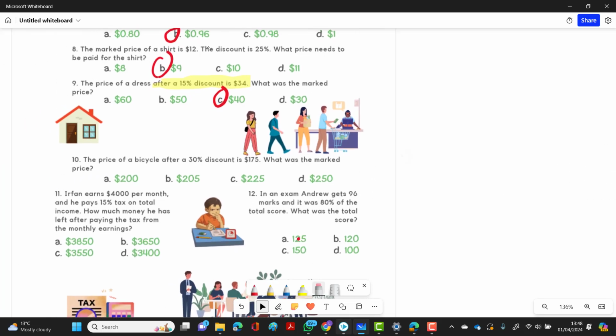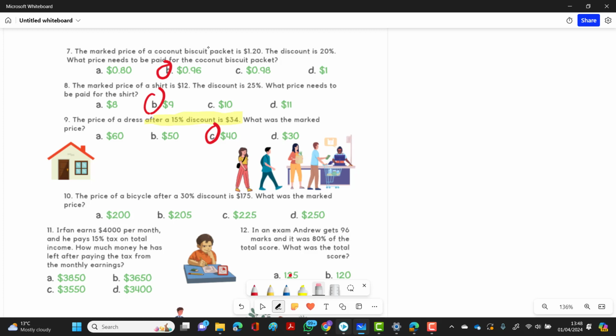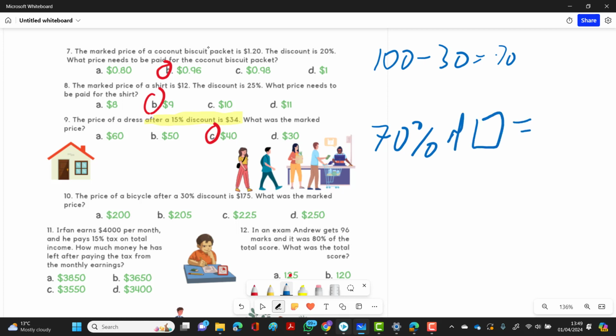Price of a bicycle after a 30% discount. So same technique. First of all, you do 100 take away 30, which equals 70%. Now you do 70% of something, which you don't know, equals 175. I put 70 over 100 of something, and of means times.